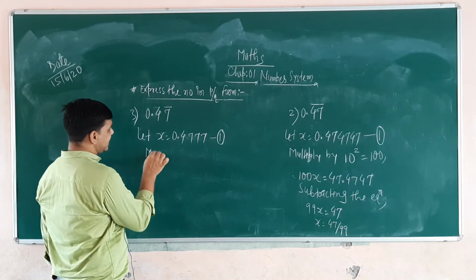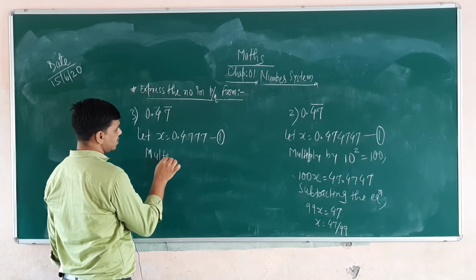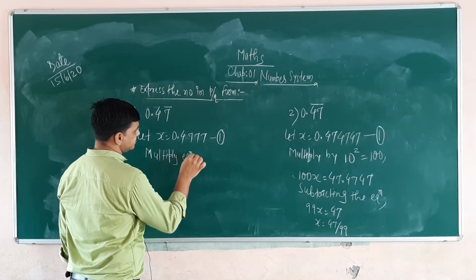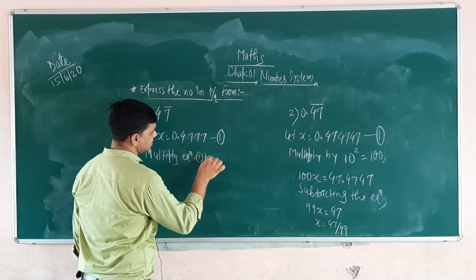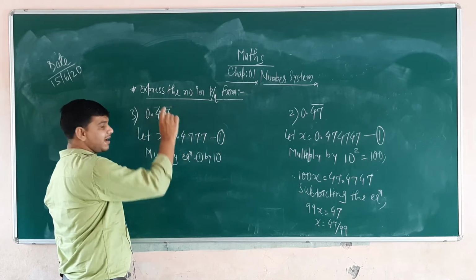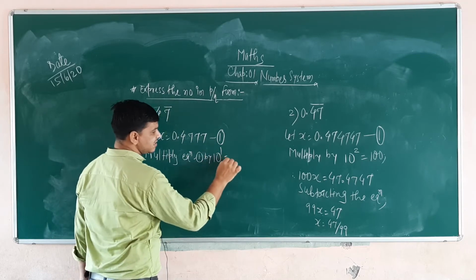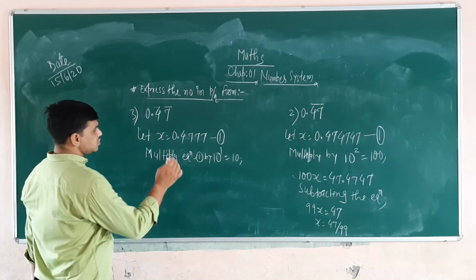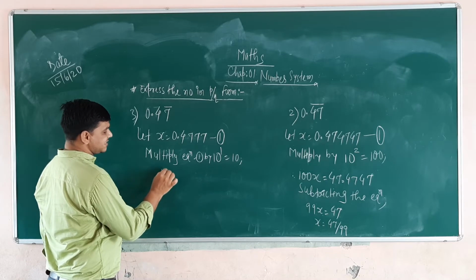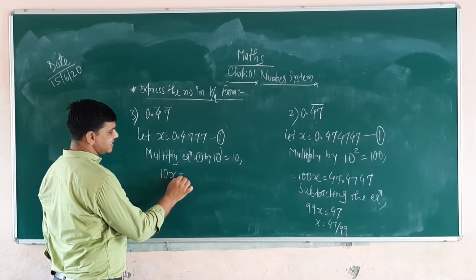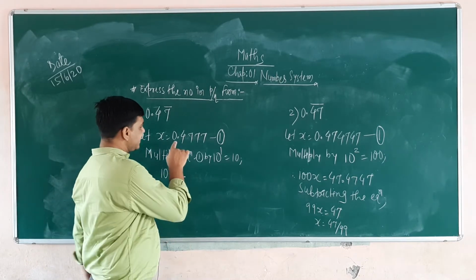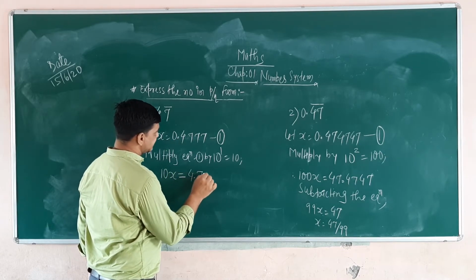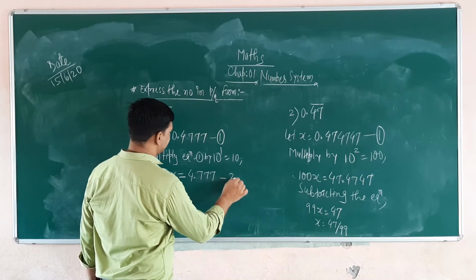Now multiply equation 1 by 10 raised to only one digit of bar, so that should be 10 raised to 1, that becomes 10. So now multiply with the 10. 10 into x, that is 10x, is equal to 4.77 and 7. Equation number 2.